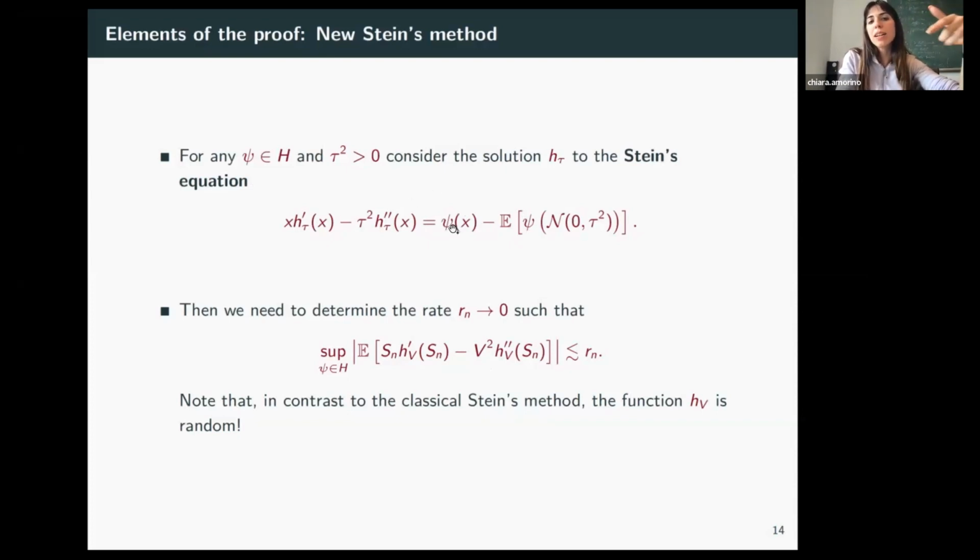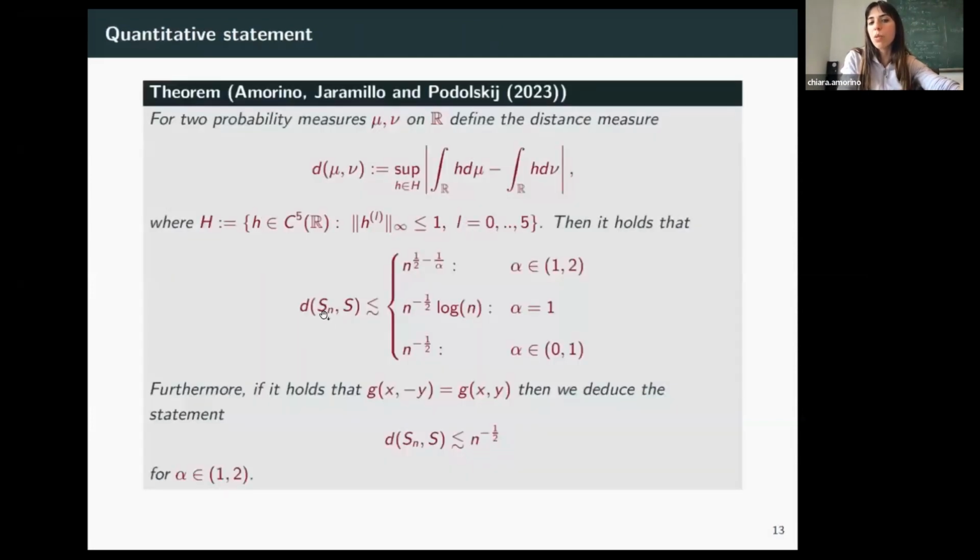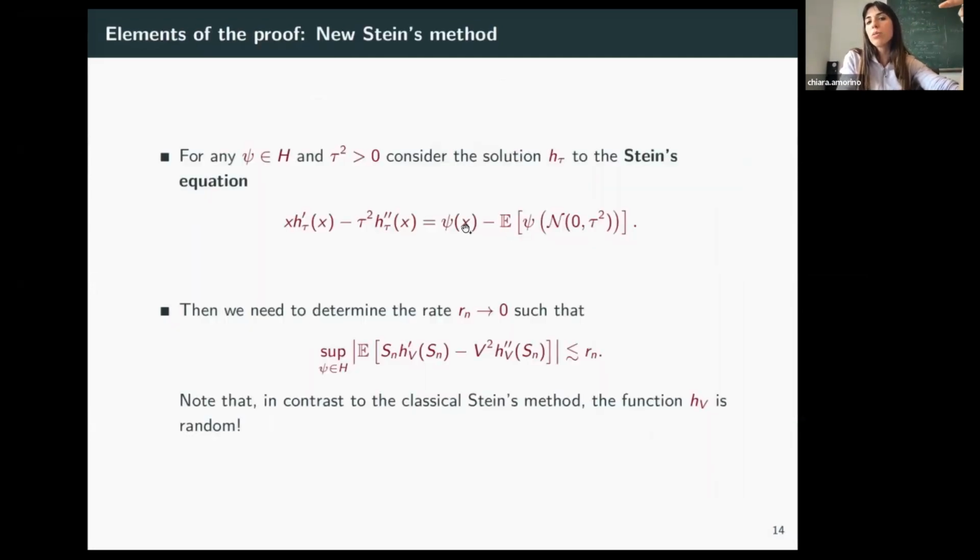And so what happens is that if instead of having X, we plug in our Sn, we are checking here what's the distance between the test function computed in Sn and the test function computed in the Gaussian, in expectation. And so you can see down that the role played by tau is now played by our random variance V squared. So what we want to prove is that the distance written here, which is the distance between our random variable and the limit, is smaller than some quantity that I've written here as Rn, which is really going to be the convergence rate.